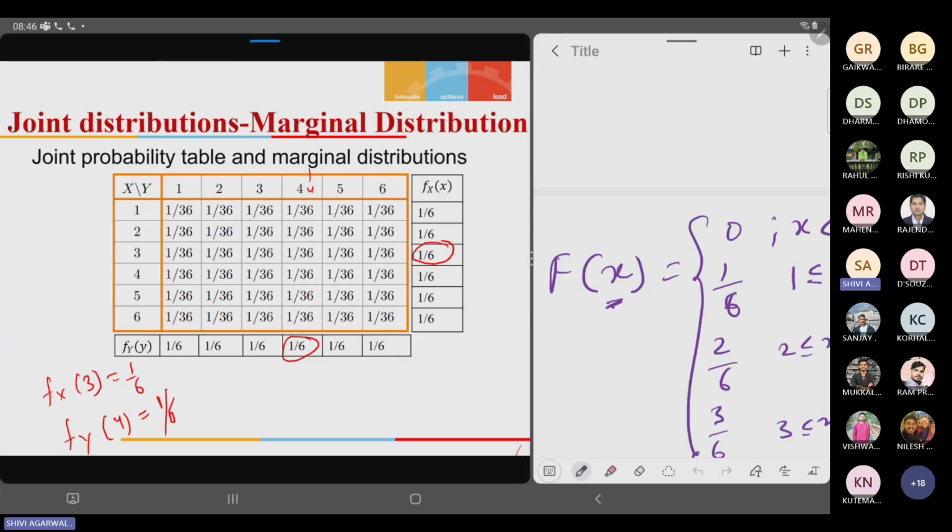Now we are taking f of x equal to 3 and y equal to 4. It should be 1 by 36, and we know 1 by 6 multiplied by 1 by 6 is equal to 1 by 36. So they are independent.